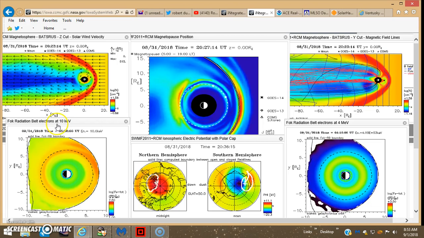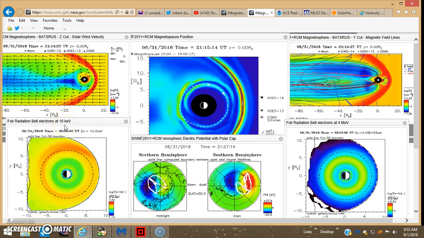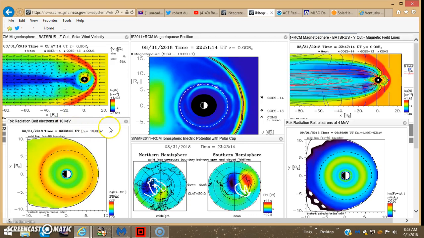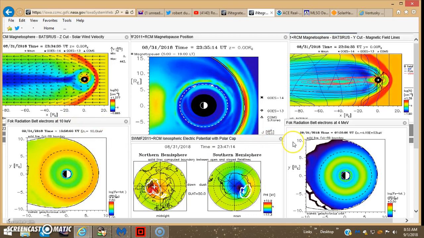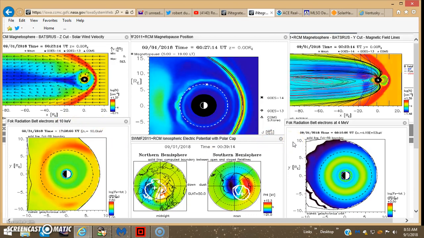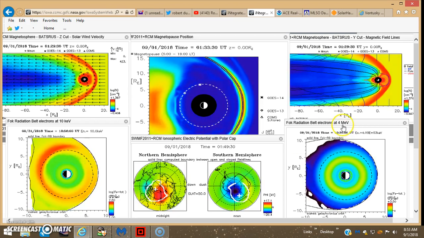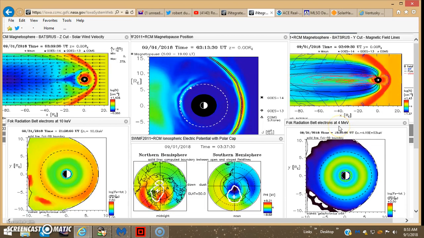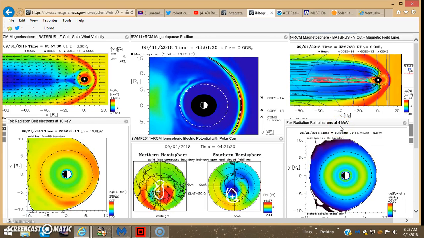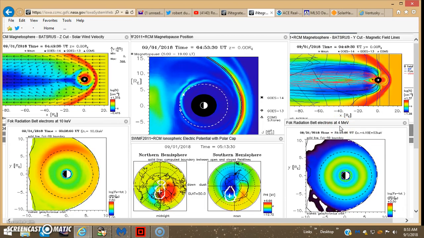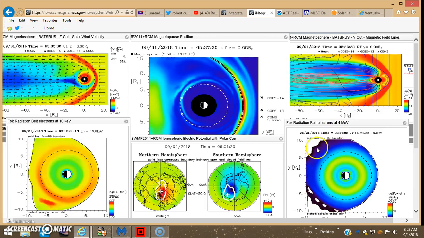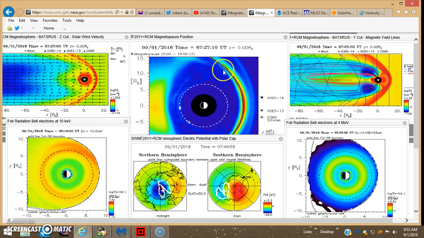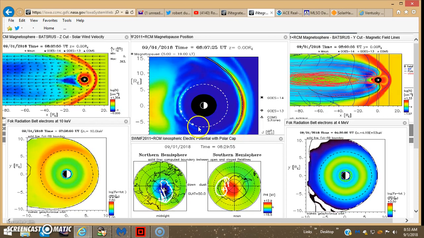These are the radiation electron belts. This measures the lowest form of low energy electrons at the 10 keV mark. And this measures the highest form of high energy electrons, and this is at the 4000 keV mark, or to shorten it up, they went to 4 MeV. As you can see, this is the bow shock in front of our planet. Picture a boat.